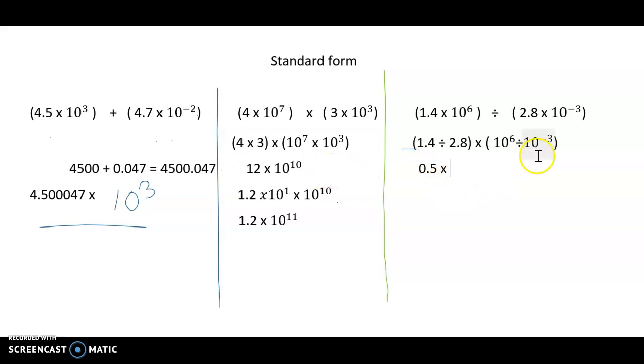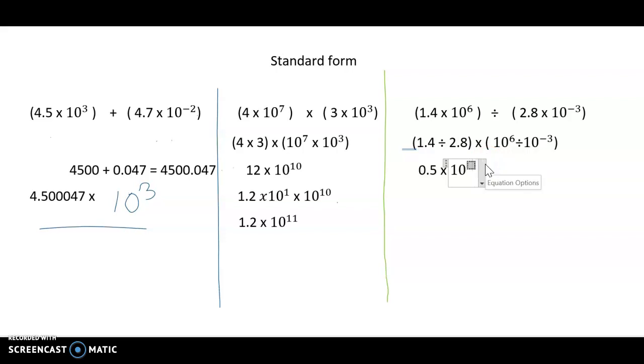Now, what power do we use? I will have here my 6, and because it is dividing, I'm going to take away. So it's 6 take away minus 3. Now remember, two negatives together like this will be replaced with one symbol, which is a plus. So my overall answer is to the power of 9.